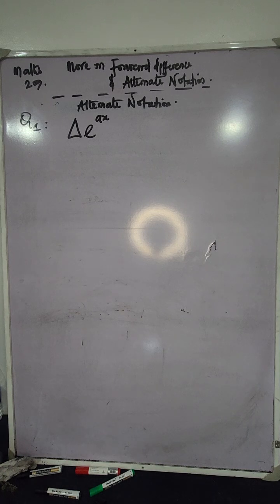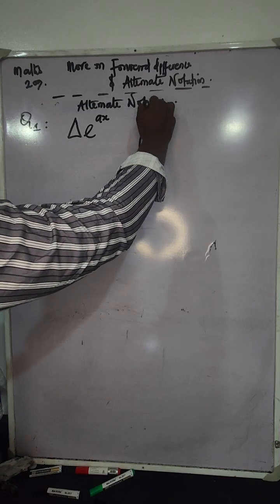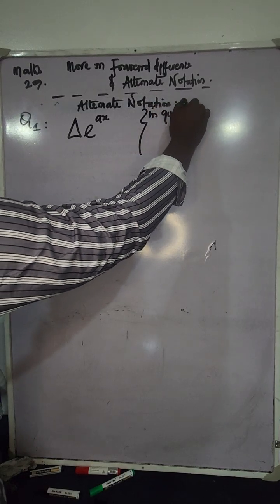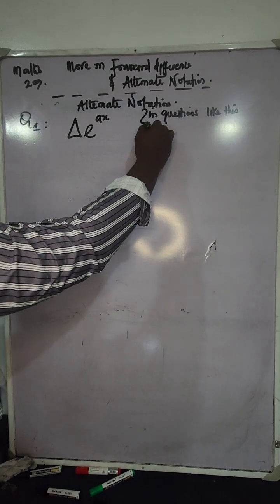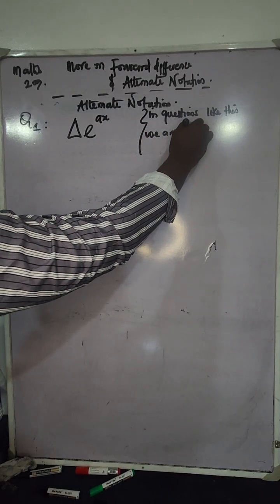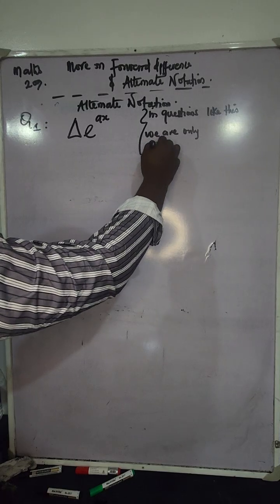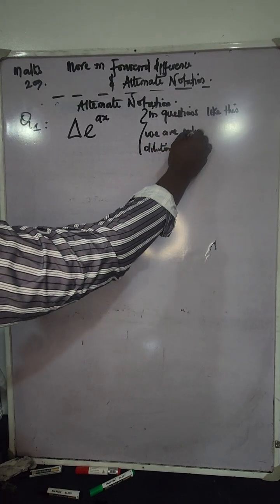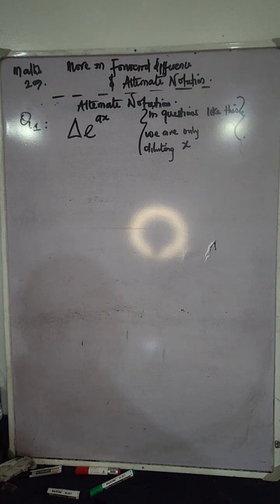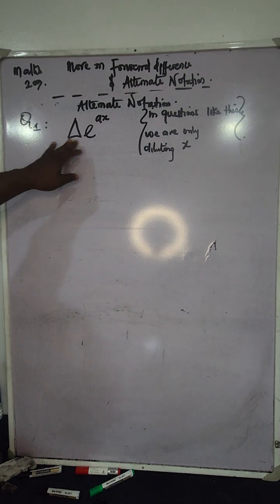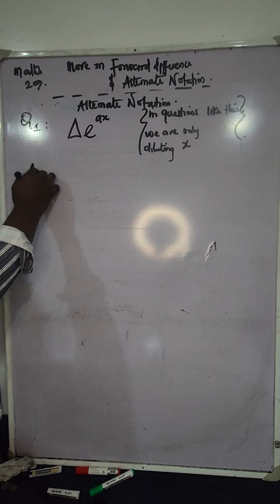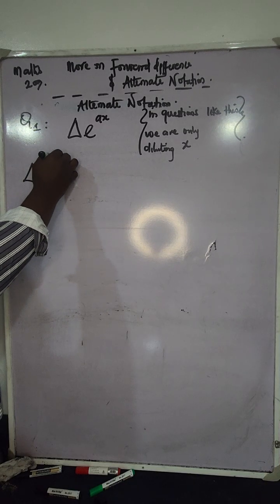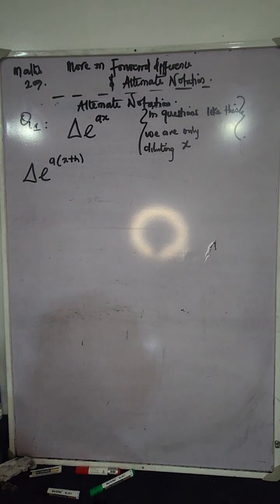Remember, in questions like this, we are only differencing x. So when I say the forward difference of e to the power of ax, what I actually mean is the forward difference of e to the power of a into bracket x plus h.